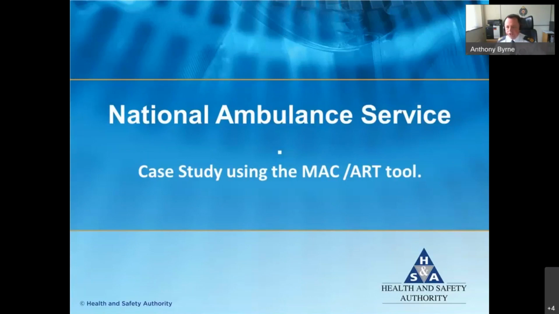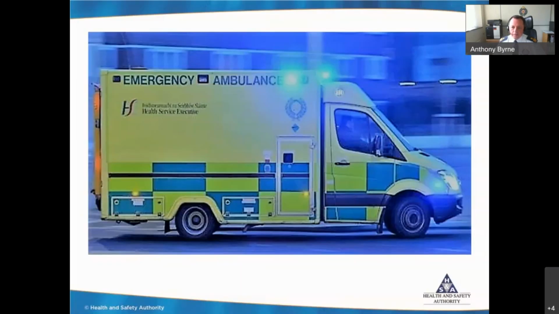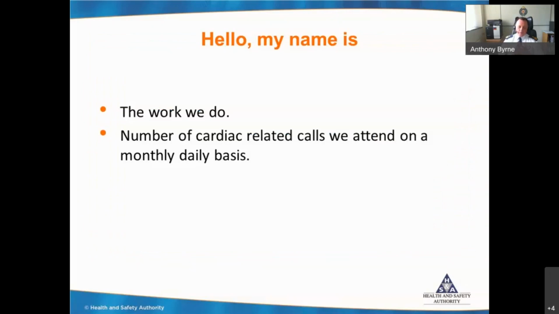So the work we do as a National Ambulance Service, we are the statutory provider for the Irish state, except the Dublin metropolitan area, providing emergency ambulances to the general public, immediate care services, and patient transport.